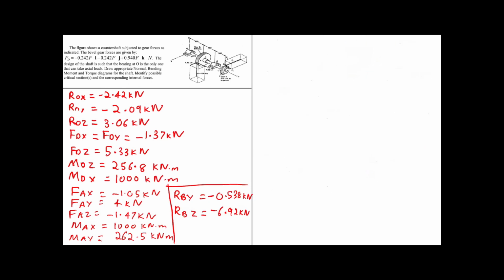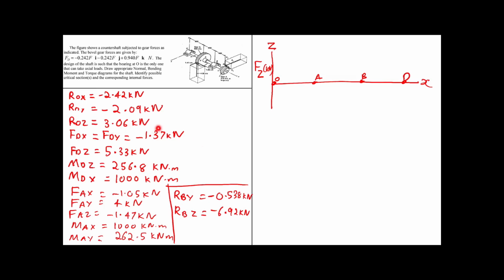So now I'm going to draw the shear diagram but with respect to Z. So this will be Fz kilonewtons, and we have the x-axis. We'll just mark the points again, O, A, B, and D. This is O, A, B, and D. And we'll check what ROZ is.